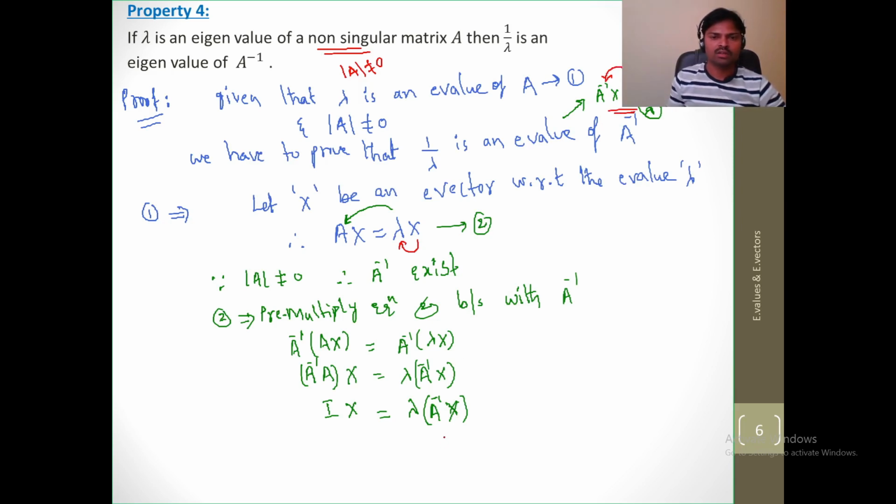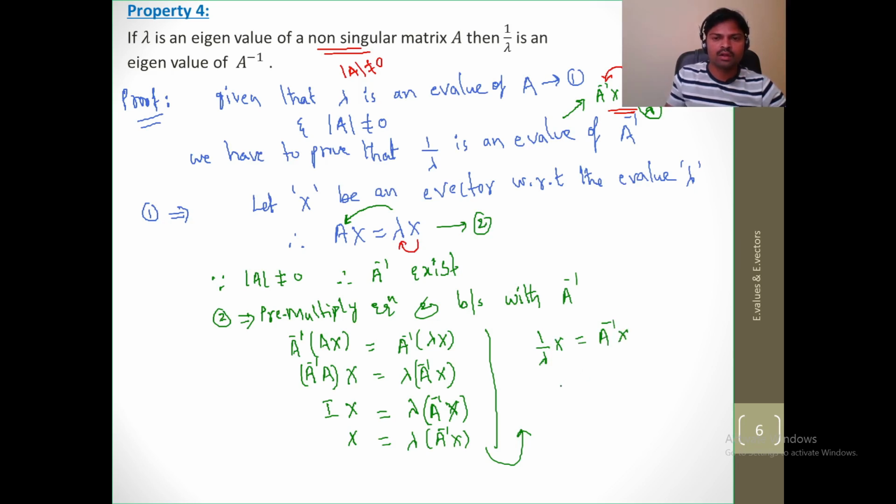Look here. Identity matrix into x is x only, is equal to lambda into A inverse into x. Send 1 by lambda to this side, so 1 by lambda into x is equal to A inverse x.